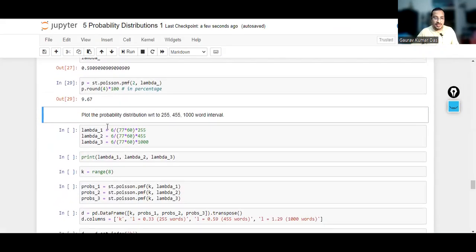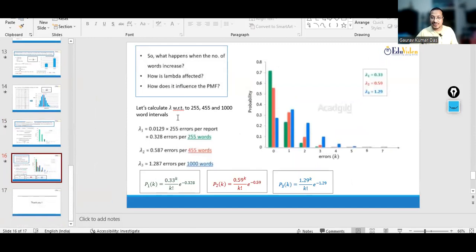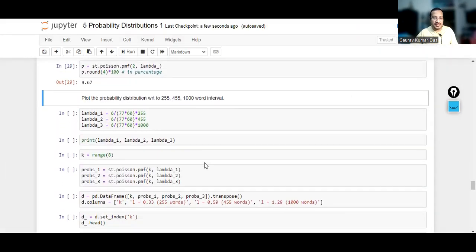Now remember, in the second part there was a question which said, let's calculate lambda with respect to 255, 455, and 1000 word intervals, and also plot the distribution graph as well. So how will I do it here? Very simple.